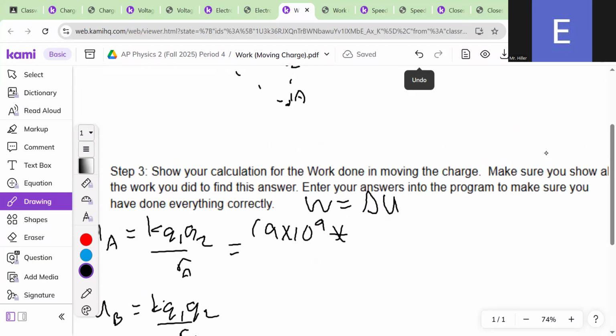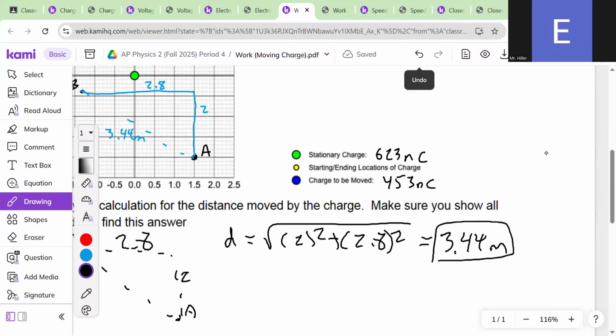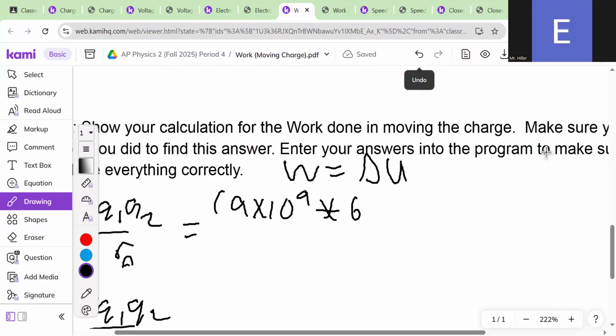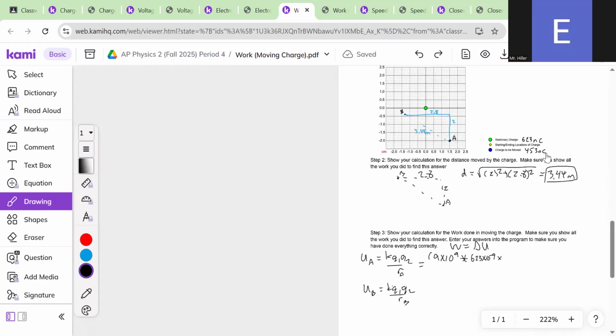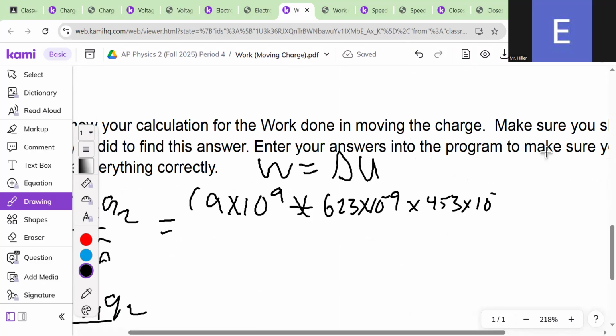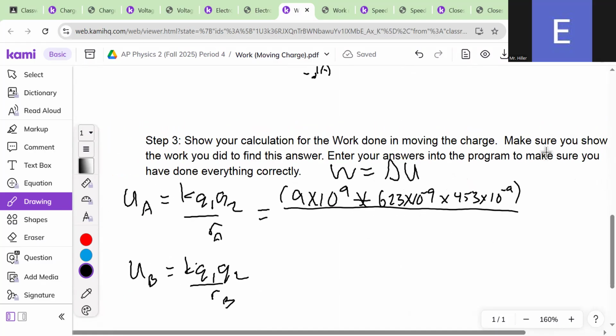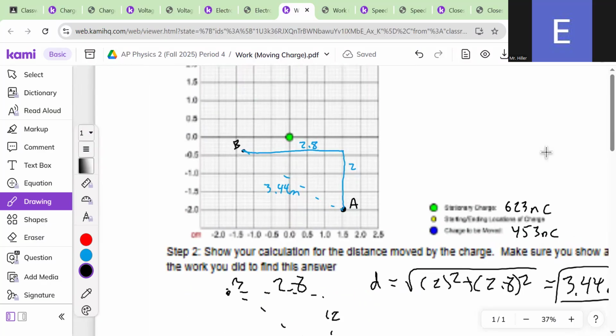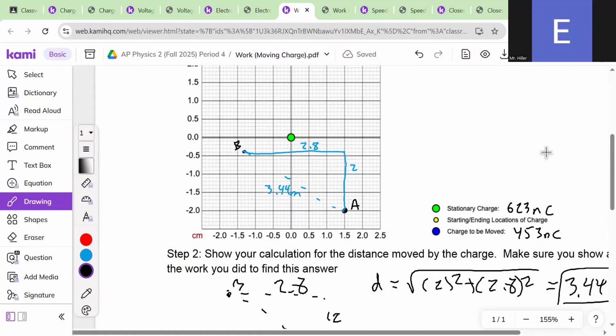So we're going to go charge 1 times charge 2, in my case 623 times 10 to the negative 9 times 453 times 10 to the negative 9, all divided by the distance from the stationary charge at the origin to point A.